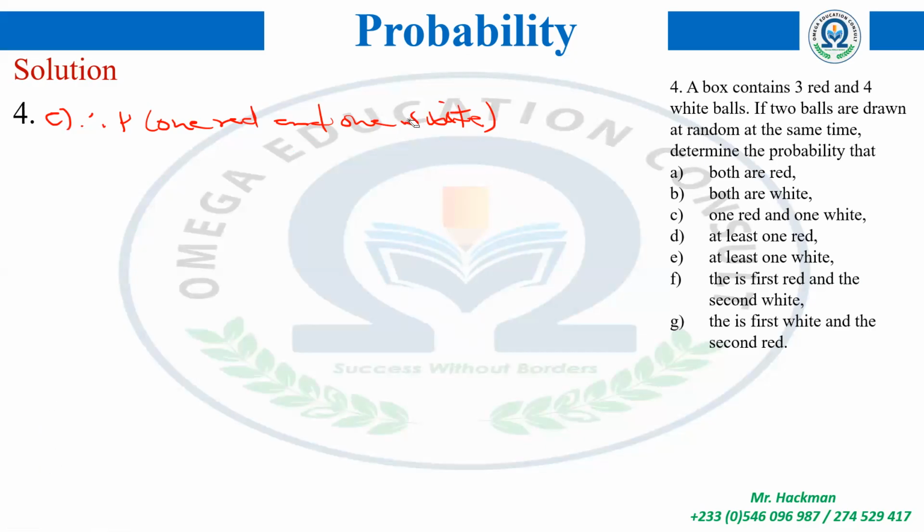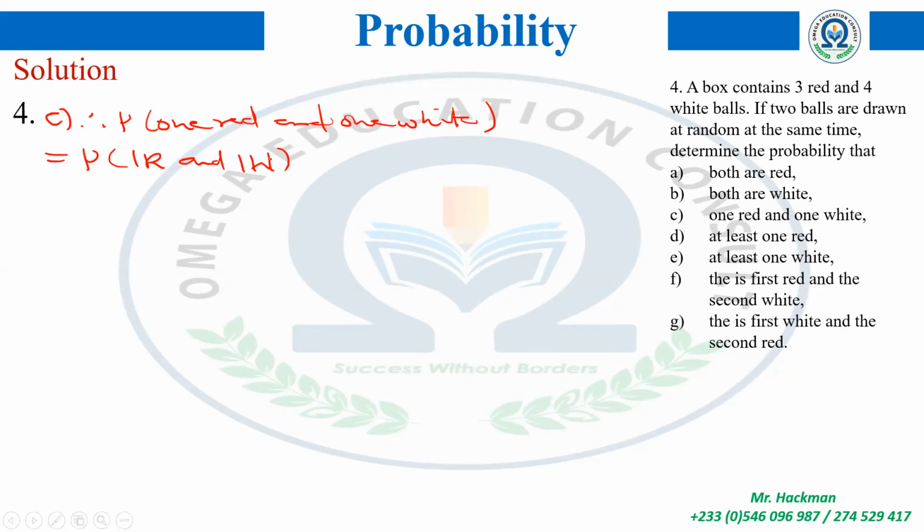How would you deal with this one? Any suggestions? That will be equal to 1 R and 1 W. Is that clear?